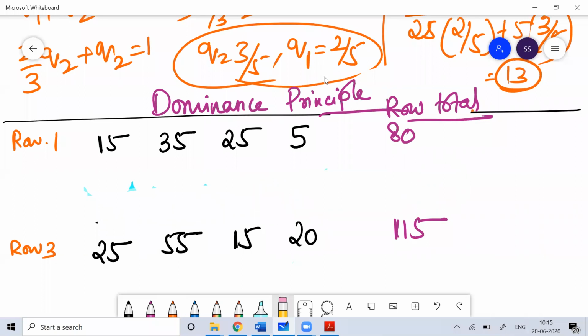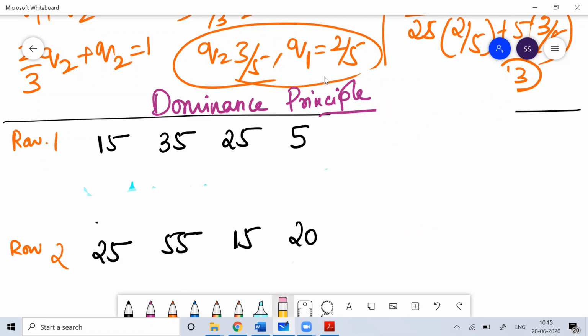Now if I compare row 1 and row 2, row 2 won't be bigger in all elements; the third element is 15, which is less than 25. So we are done row wise. We cannot do any deletion row wise.